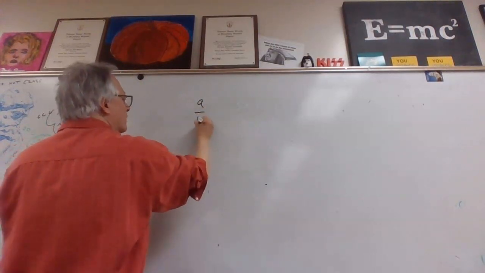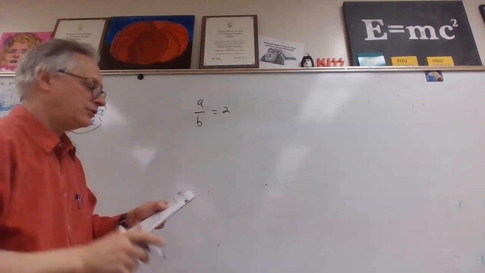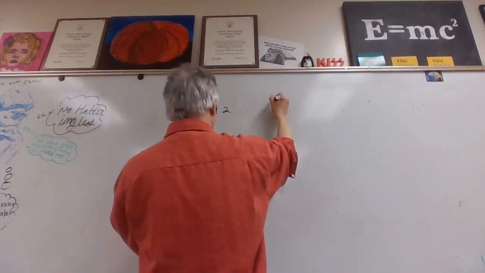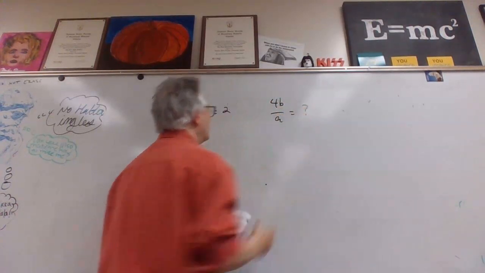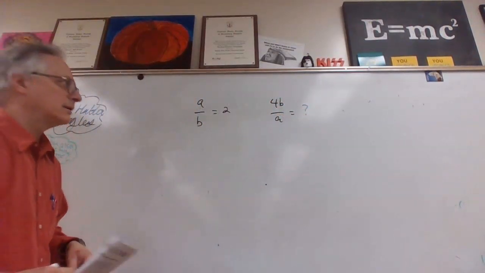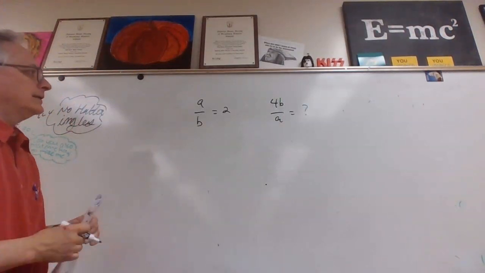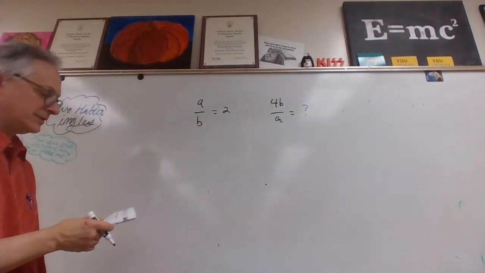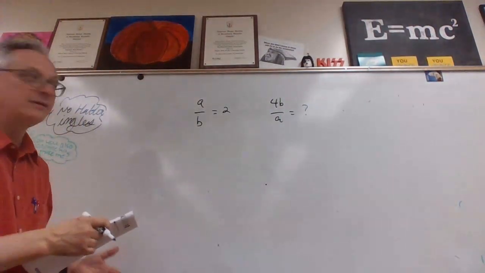You have a over b is equal to 2. And they want you to find what is the value of 4b over a? What is that value going to be? All right. Well, what can we say here when we do this type of thing? Well, we can solve for one variable in terms of another.